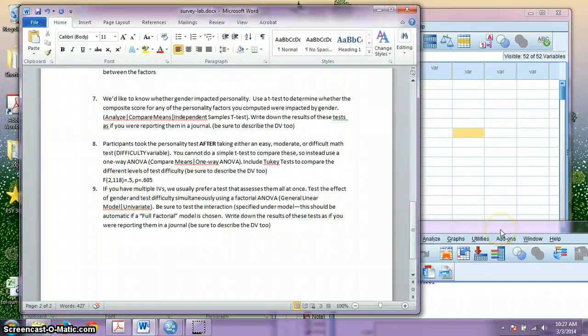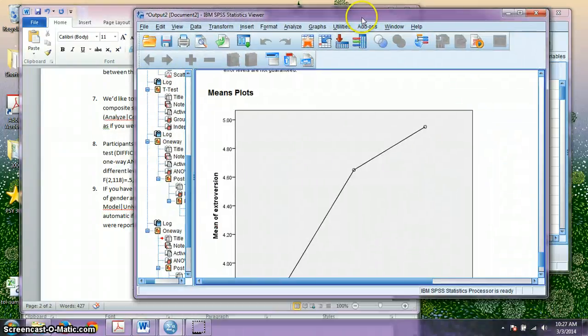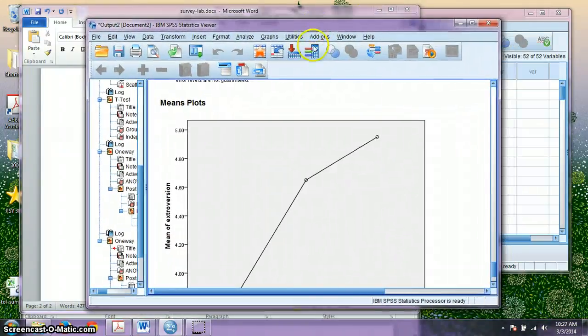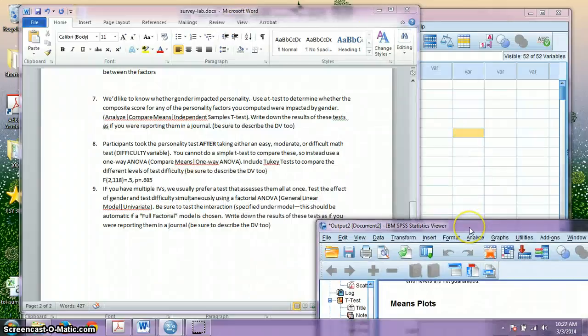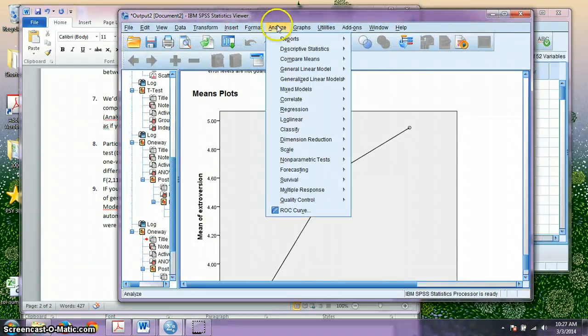Now, what if we wanted to test both gender and difficulty at the same time? Now we have 2 independent variables, and we can't do that with the t-test, we can't do it with a univariate ANOVA, but we can do it with a factorial ANOVA, and in SPSS it's under the general linear model univariate option.